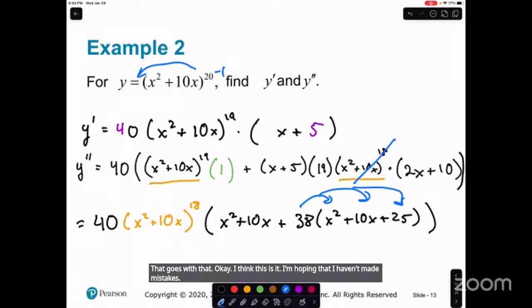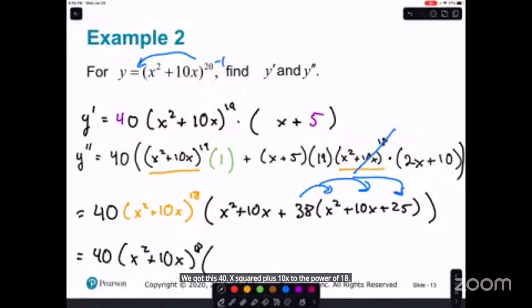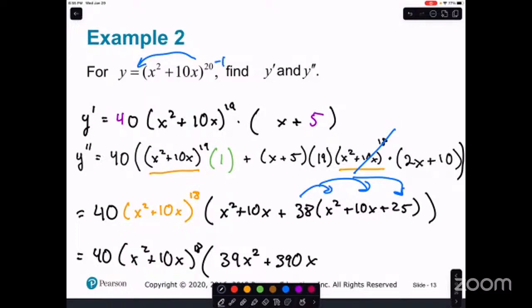Okay, so then if we take it all the way down, we got this 40 times x squared plus 10x to the power of 18. If we combine like terms, look, it's going to be 38 plus 1 gives it a 39 x squared. 380 plus 10 is 390. Okay. We got 40 quarters. If we have 4 quarters, it's $1.